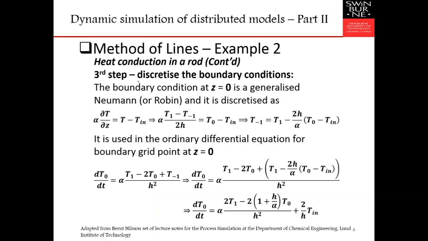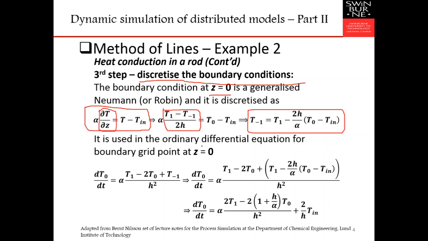Then we discretize the boundary conditions. The boundary condition at z equals 0 can be discretized as follows. So this is the boundary condition. Then we basically convert this derivative into the finite difference term, centered difference term, and then we will have these equations in here, which we can substitute into the equations at i equals 0.